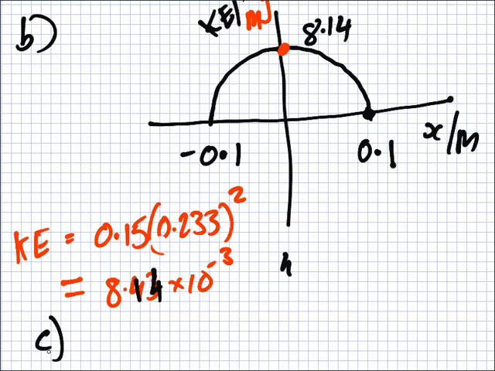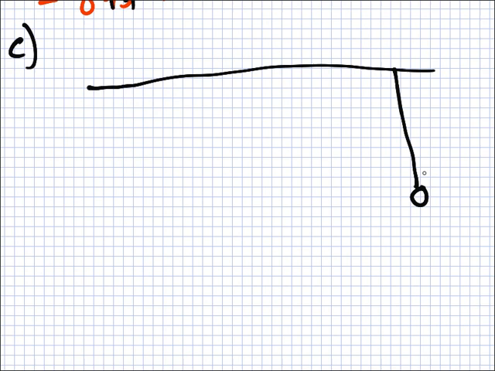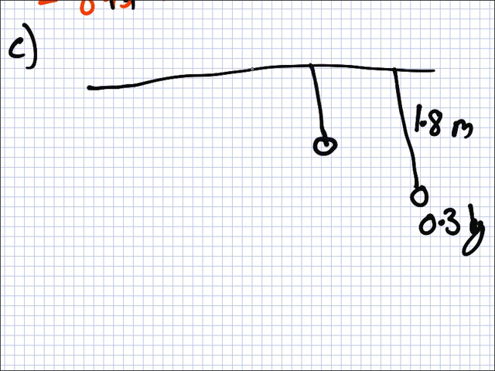So now, can I scroll down? Yeah. So now what you have is your pendulum. What was the length of it? 1.8? And the mass was 0.3 kilograms. And how many more? 5. Okay, what's the length of the first one? 1 meter. Okay, 1.4, 1.8, 2.2, 2.6.